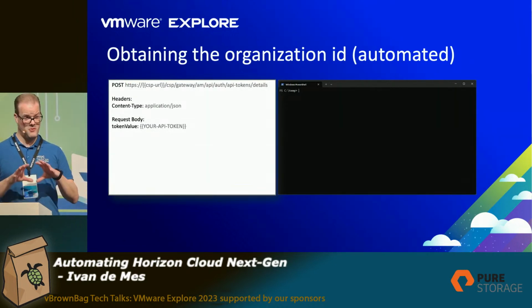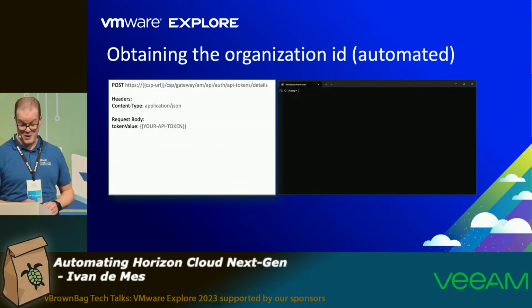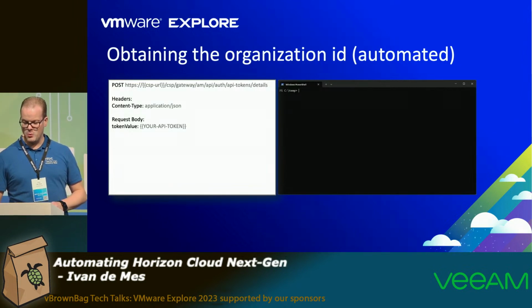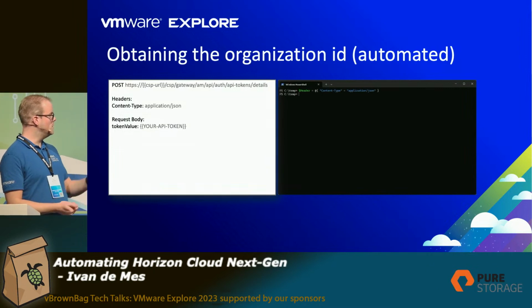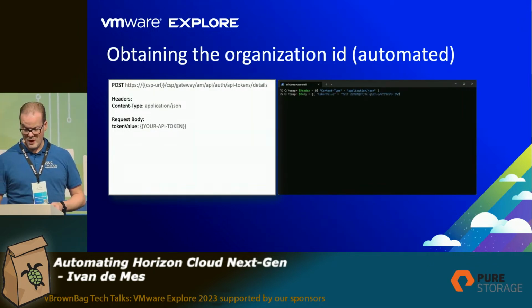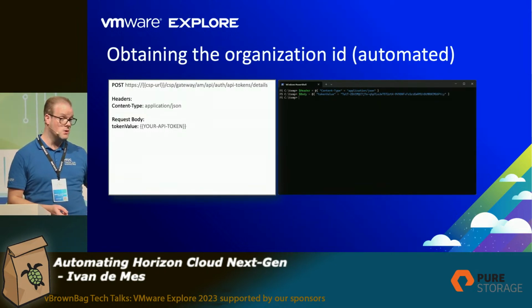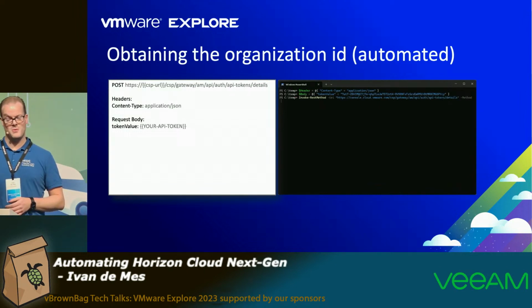To be honest, I didn't find it in the API documentation from VMware, but somehow I did find out that it is possible. So what we can do is, again, construct a new header, and in this case it's application JSON type. Then we specify a body in which we specify the API token. Don't get confused with the access token.